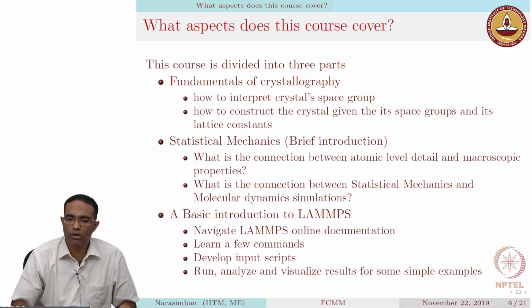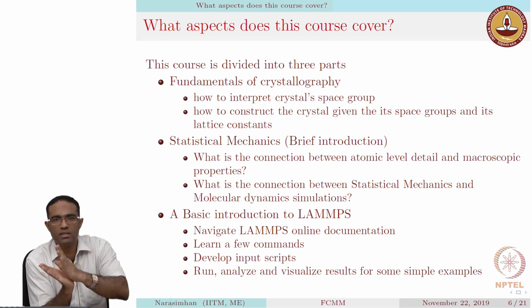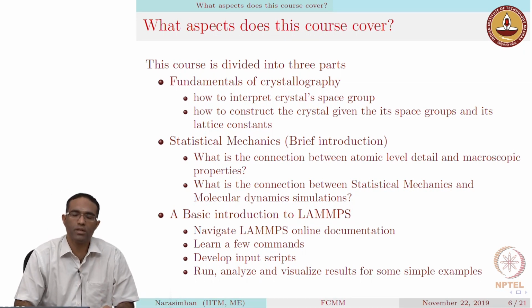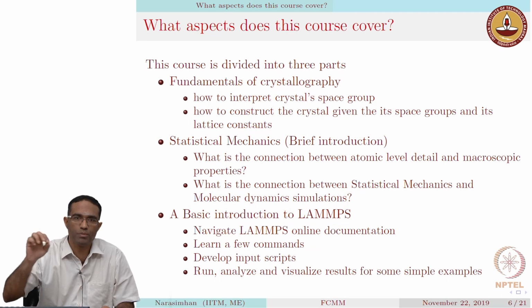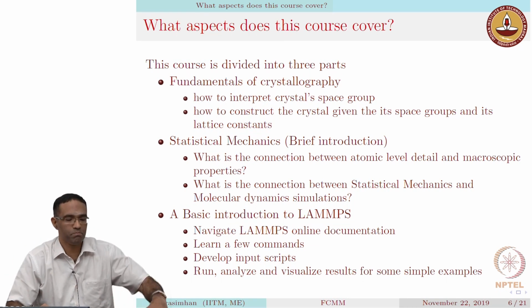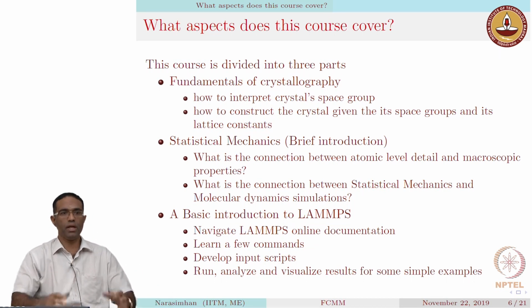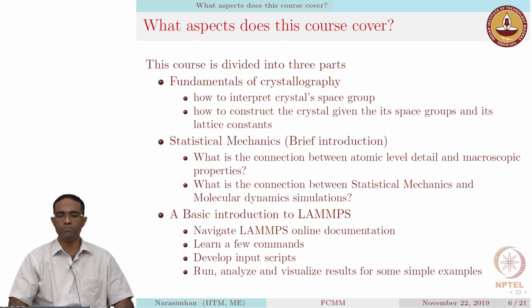So at the end of the first part, given the lattice constants of the crystal, like for example the a, or the angles between the various lattice vectors, and the corresponding space group, along with information on what are referred to as the Wyckoff positions, which refer to the various positions of the atoms inside the crystal structure, we will be teaching you how to write a small MATLAB script in order to generate these crystal structures and visualize them.